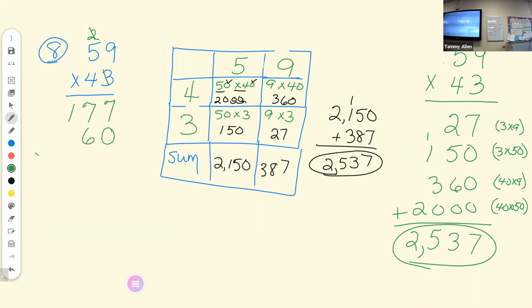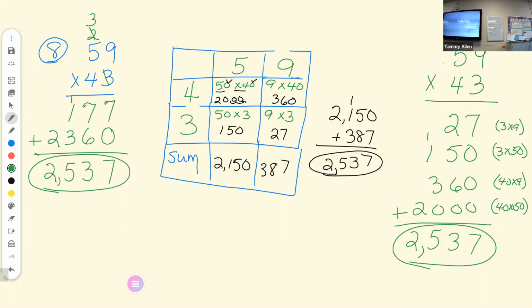I don't have room for a 36 in there because I'm going to carry my 3. 4 times 5 is 20, plus 3 is 23. I add them together. 7 and 0 is 7, and 6 is 13. 1 and 3 is 5. So all 3 ways give us the same product.